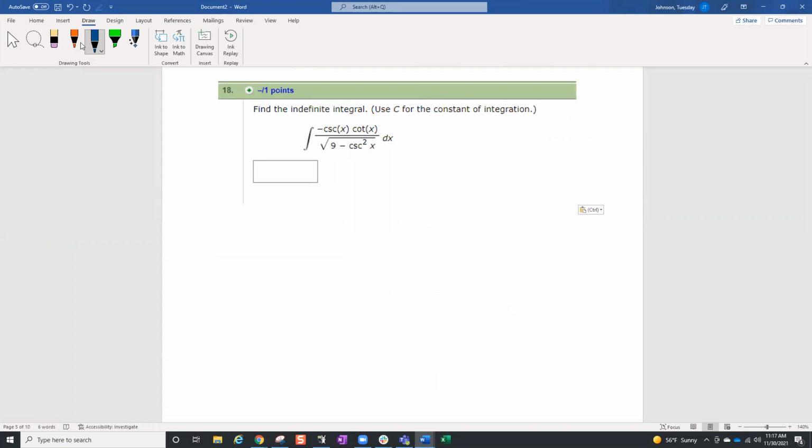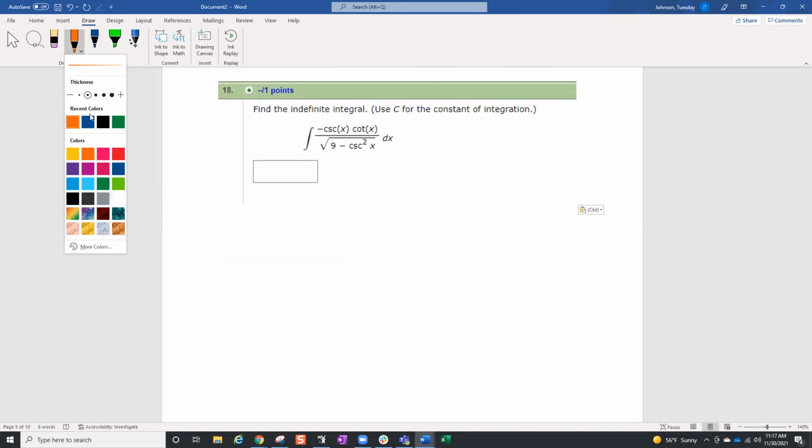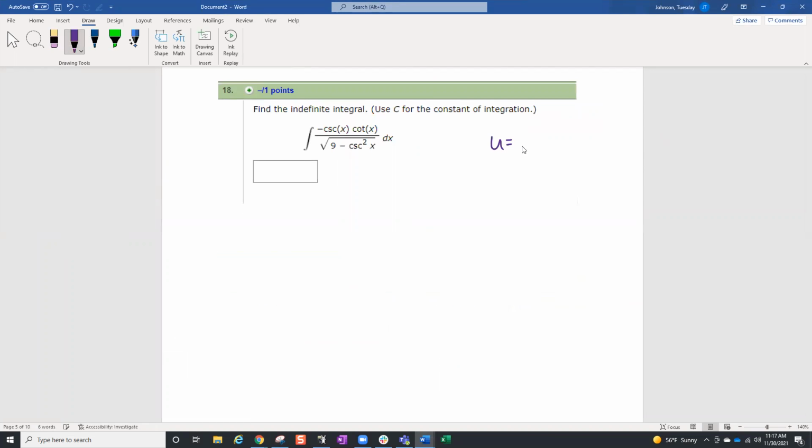Here's what I'm thinking. I'm going to use a different color. I'm going to let u be cosecant squared of x because it's in a denominator and it's inside a radical and it's ugly.